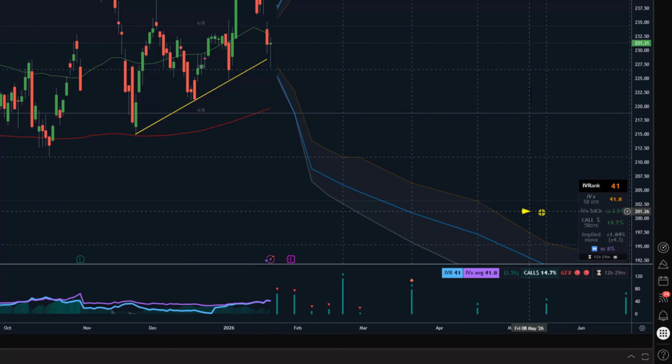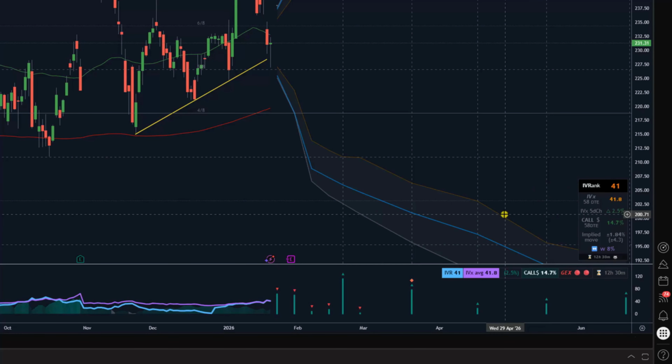So IVX 5-day change will always tell you how much implied volatility has changed in the last 5 trading days. So in and of itself, these 3 metrics are very important, because IV rank tells you where volatility is, IVX tells you how high it is right now, and the IVX 5-day change tells you where volatility is going. So these 3 numbers are very important for options traders.